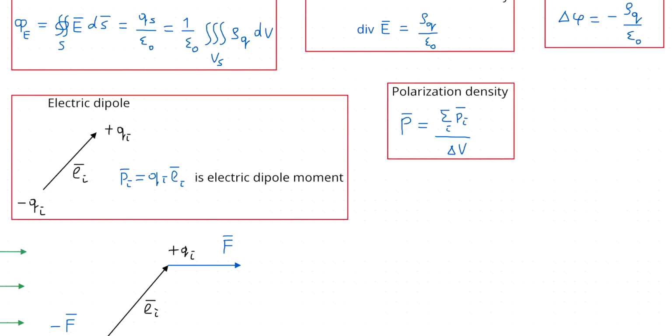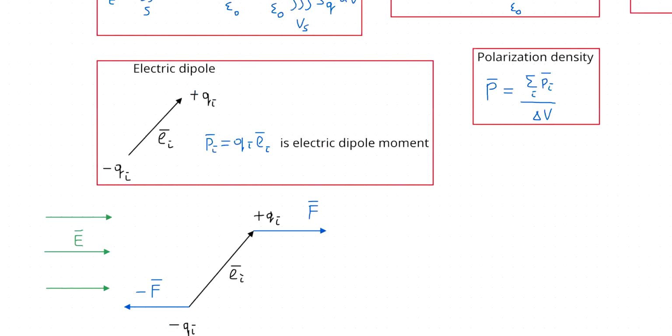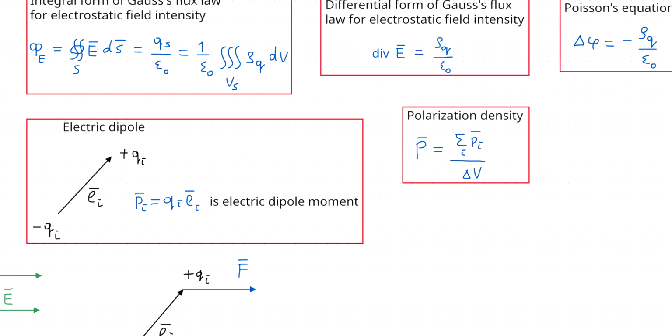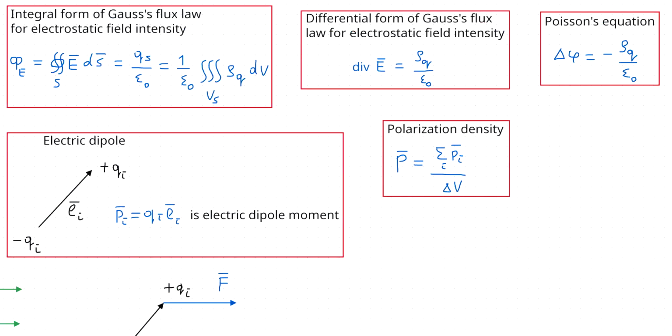to say a few words about the connection between the electrostatic field and the polarization density, because direct calculation of these dipole moments of bound charges is difficult, or sometimes even impossible.